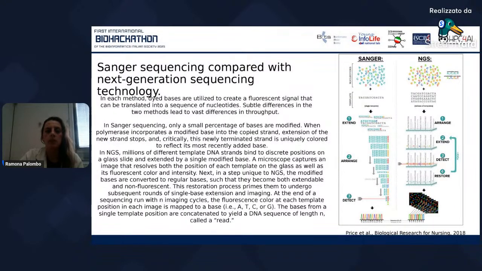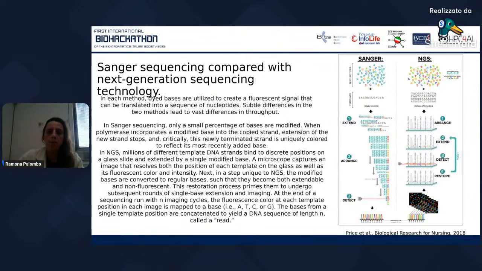This method relies on the Sanger technology. And what is the Sanger method?